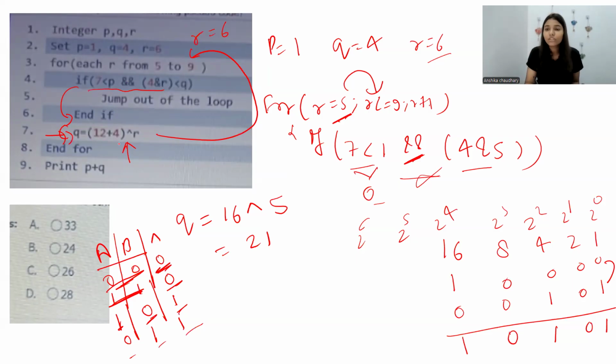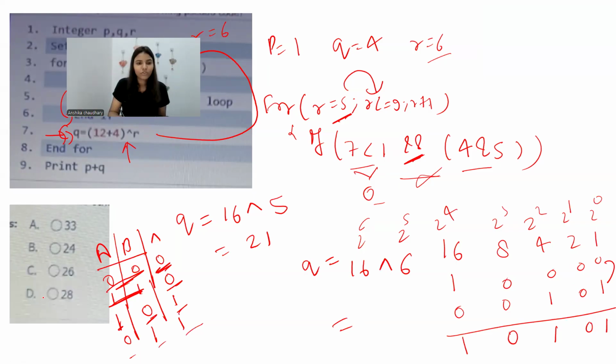So we will have to update the value of Q again. So we will come here. Q value will be updated. 12 plus 4 will be 16 always. XOR R. But the R value has now changed because R is now 6. We have to take 6. Okay. So I'm just modifying the value here. Let me go there so that you are not confused. So 16 is 1, 0, 0, 0, 0.